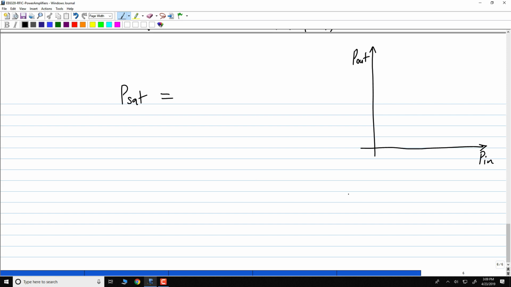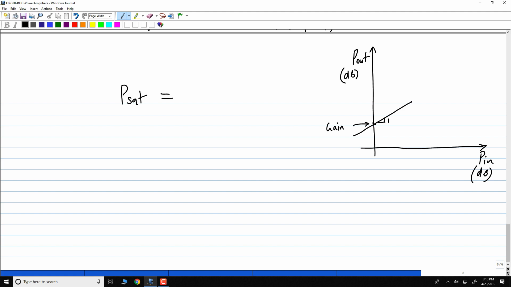If I were to plot P out versus P in, let us say in dB, what will the curve look like? First of all, it will be a straight line for very low powers. What will be the slope of this? 1. What is the y-intercept? Gain in dB.